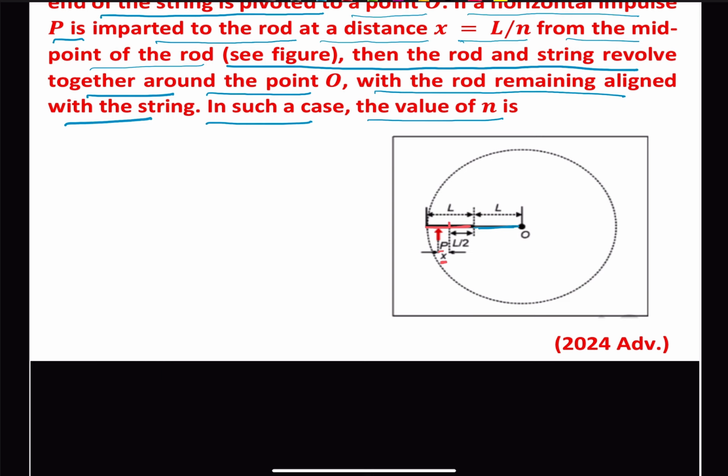Let us say this point O has coordinates 0, 0, and the string is of length L. Let us suppose this is point A and the other point is B. Then the coordinate of A will be L, 0, and the coordinate of B will be 2L, 0.